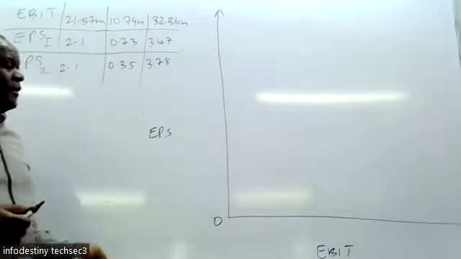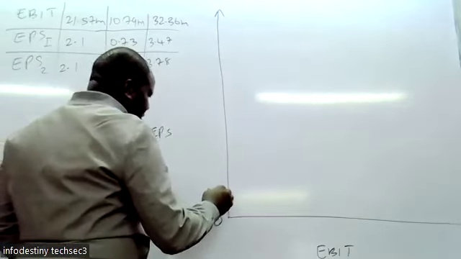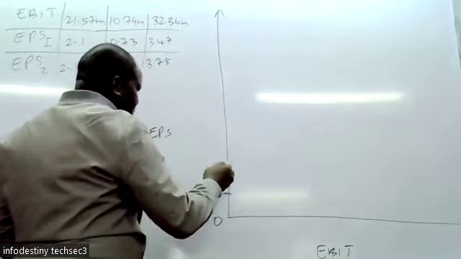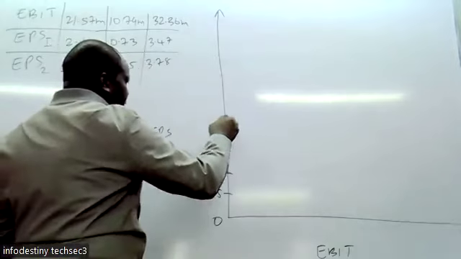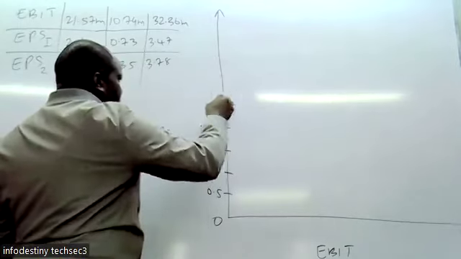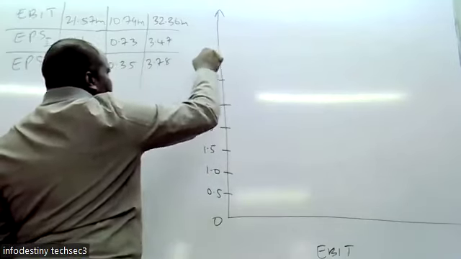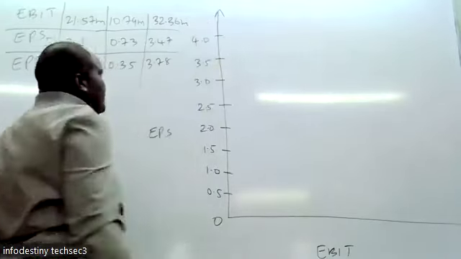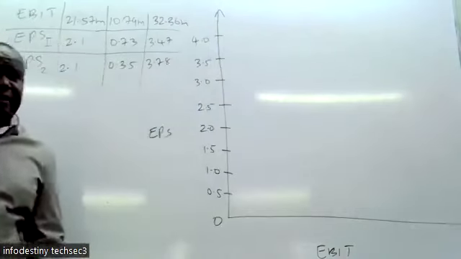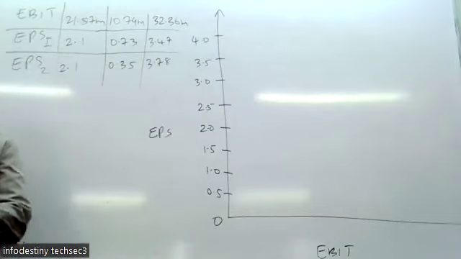This one is 0.5, this one is 1.0, then 1.5, 2.0, 2.5, 3.5, 4.0. So we create a scale on the basis of that.